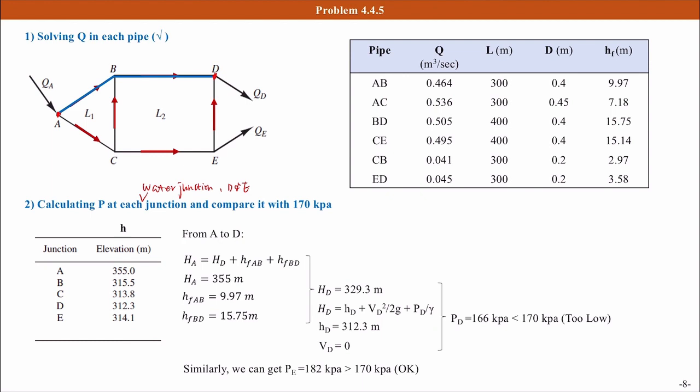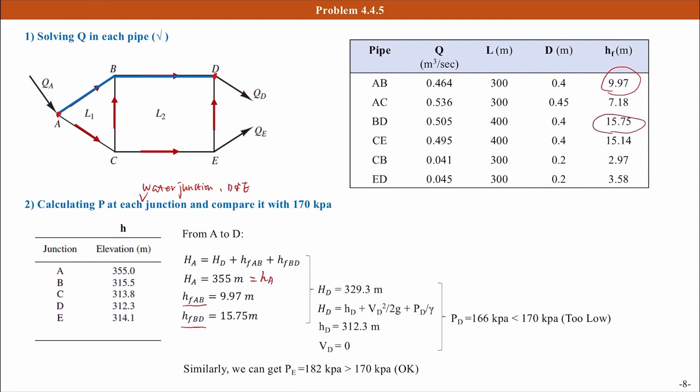The total energy at point A equals its elevation, which is 355 meters. And we can find the value of the friction loss on this table. The friction loss in pipe AB equals 9.97, and the friction loss in pipe BD equals 15.75.